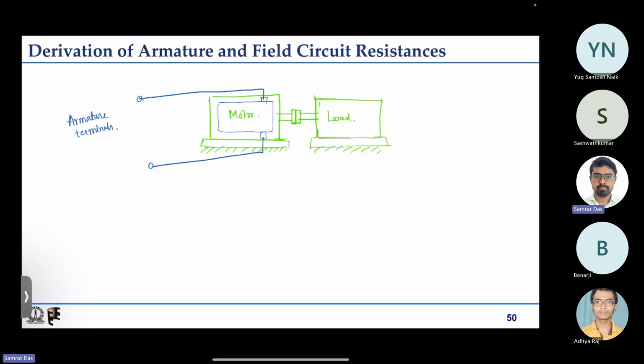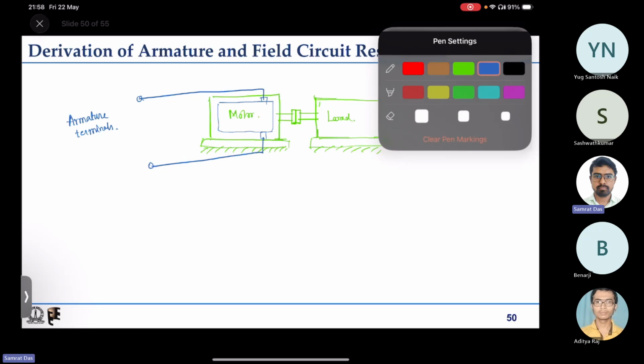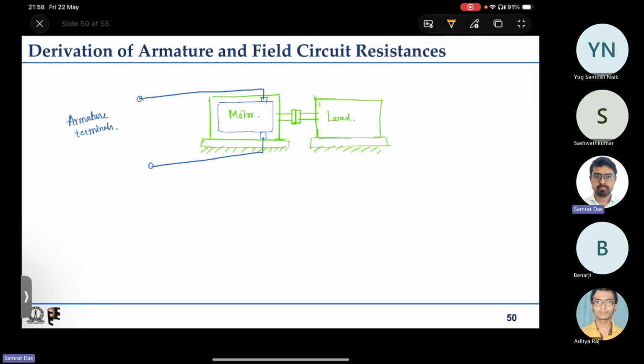Also in the stator we have two other terminals, the field winding terminals. Some field winding is there, whose two terminals are accessible to you. So electrically speaking, you have four terminals at your disposal.